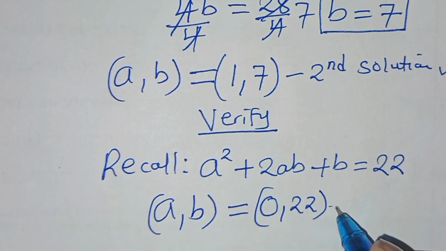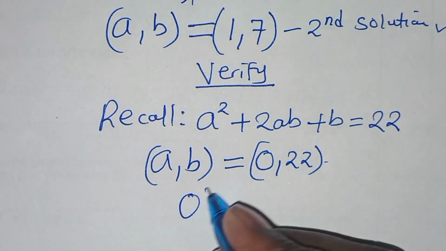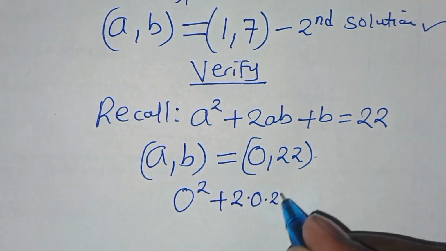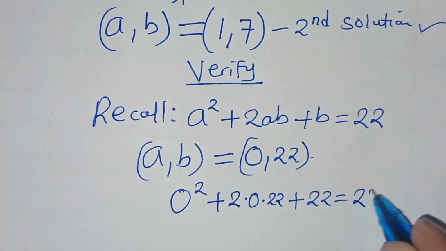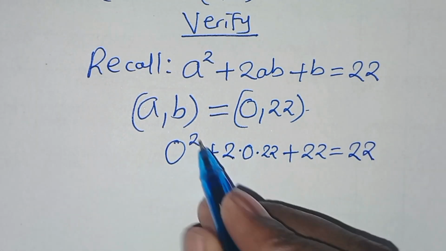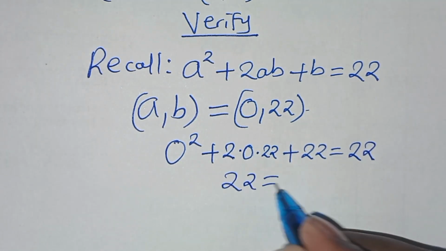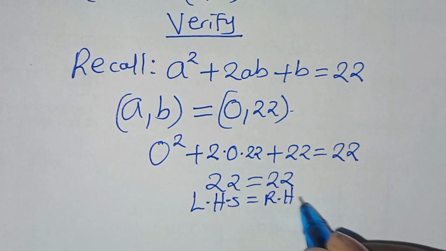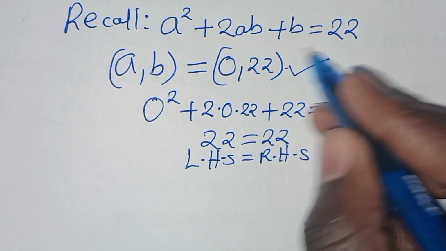Let's verify this. A squared will be 0 squared plus 2 times a, which is 0, times b, which is 22, then plus b, which is 22. This should give us a value of 22. So from here we have 0 squared is 0, 2 times 0 is 0, and then we have 22. So 22 will be equal to 22. So the left hand side is equal to the right hand side. And this shows that the first set of solution satisfies the equation.